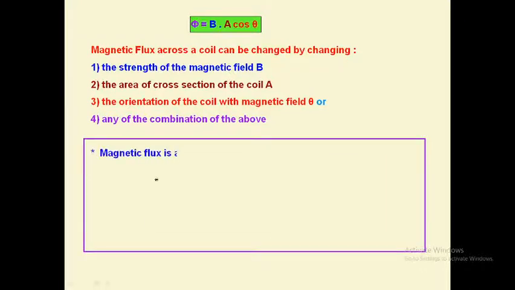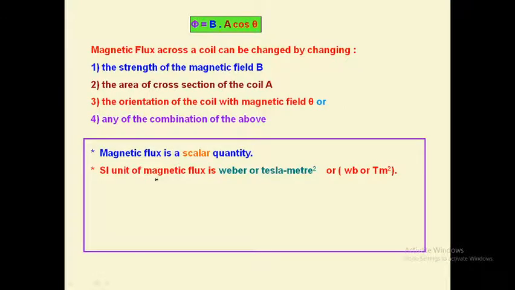Now you see, magnetic flux is a scalar quantity, which is quite obvious from the formula also. B A cos theta, it is dot product of two vectors. So flux is just a number, it is a scalar quantity. Its SI unit is Weber or Tesla meter square.